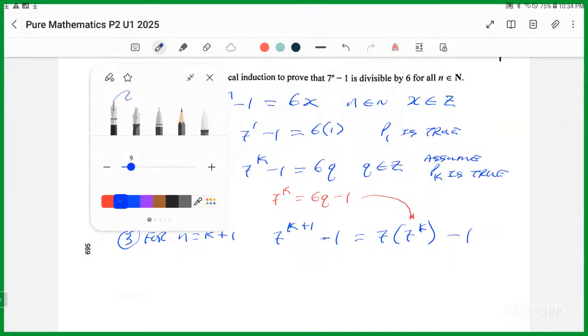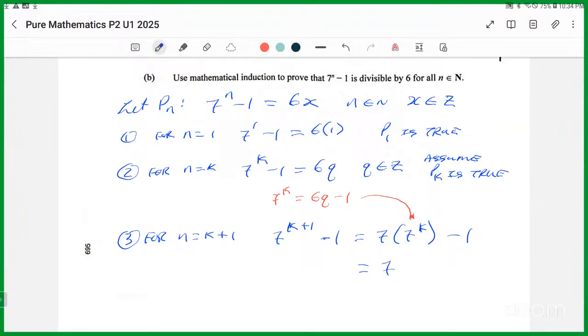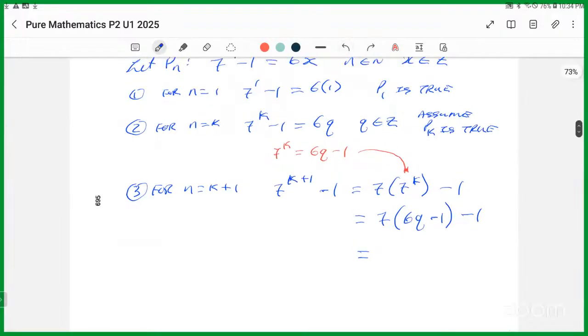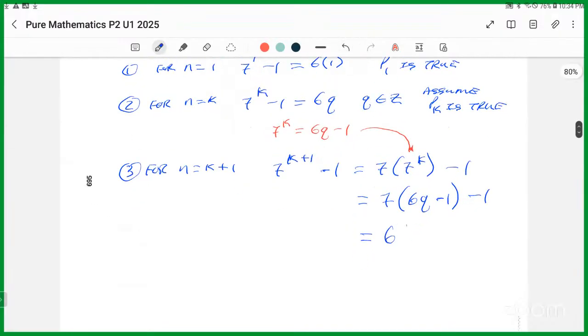So we end up getting 7 bracket 6q minus 1 minus 1. Then now we'll break this out. I'm going to get 7 times this 6q, but to show the multiple of 6, I'm going to write this as 6 times 7q instead. I want to see the multiplying factor of 6, a multiple of 6, and then 7 times negative 1 is negative 7.